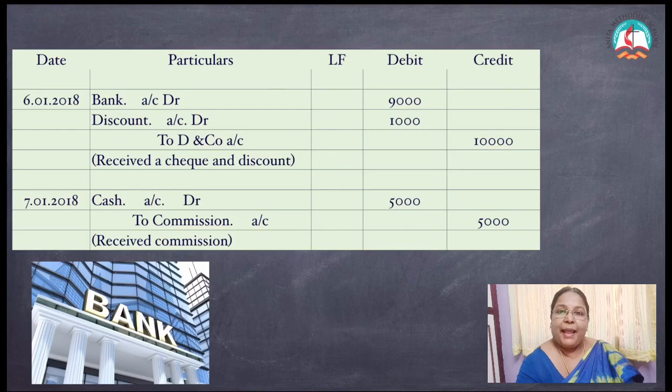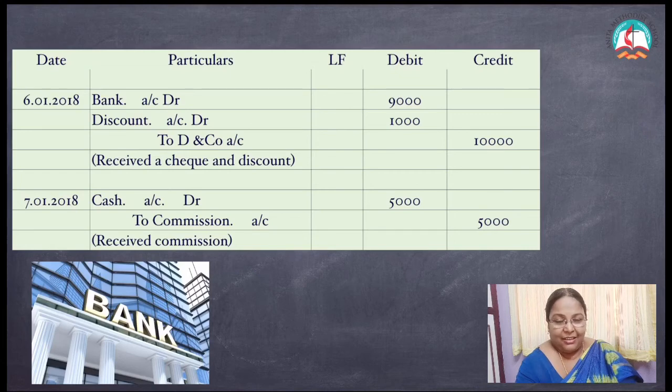Right? So bank account debtor to D and Co usually. But since we have discount here and the discount has been allowed, now discount allowed has to be debited or credited. It has to be debited. Very good. Why? Because discount belongs to nominal account and discount allowed is an expense. Debit all expenses and losses, credit all incomes and gains.